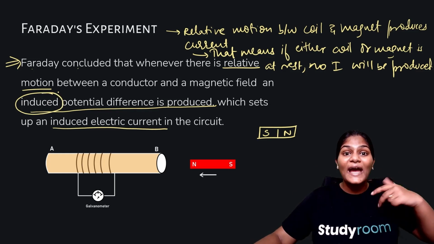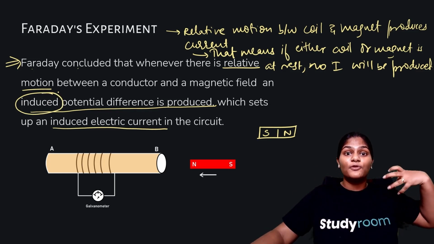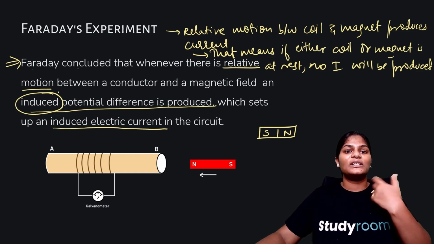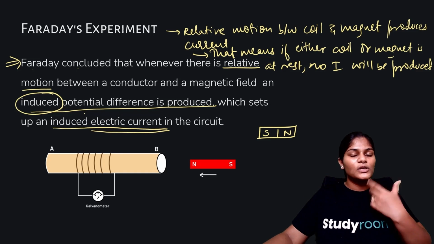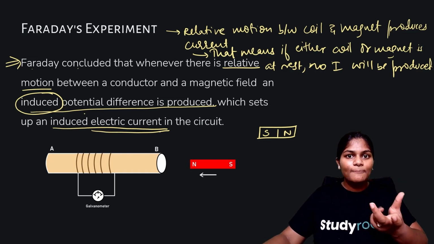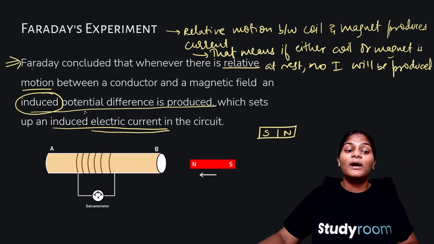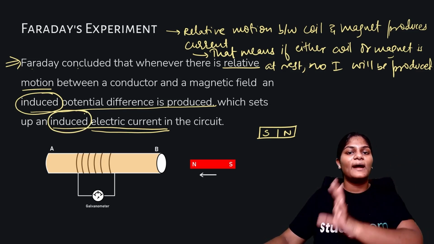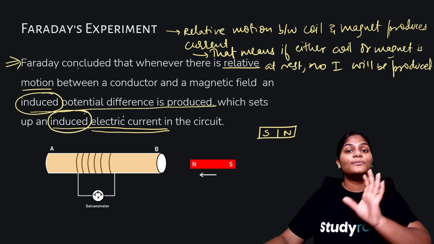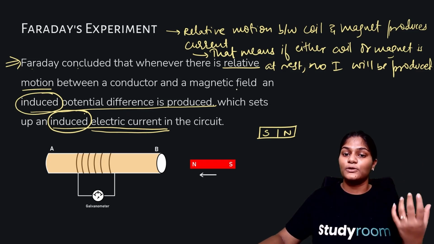We are doing something from outside to generate a potential difference, and there is no current actually there. There is no actual current in the coil originally, right? There is no battery, so there is no current, but we are inducing a current because of the movement of the bar magnet with respect to the coil.